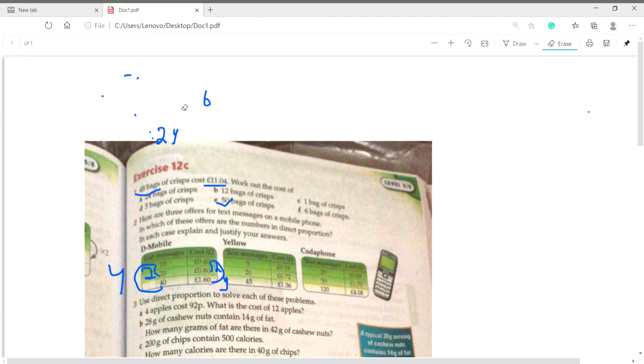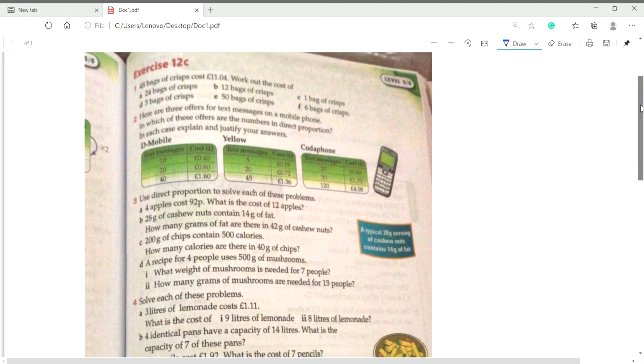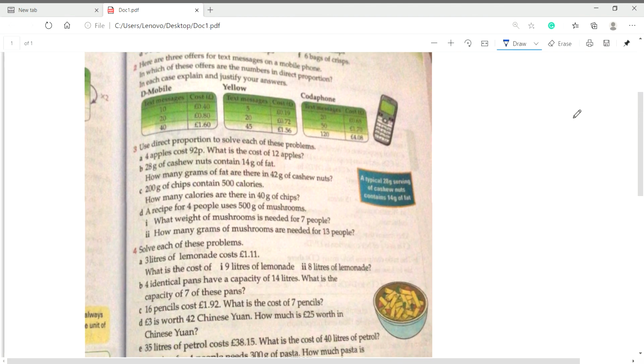Now we'll look at exercise 3 as well. In exercise 3, use direct proportion to solve each of these problems. Here in exercise 3 and in exercise 4, you will use just the cross multiplication method. That's all.